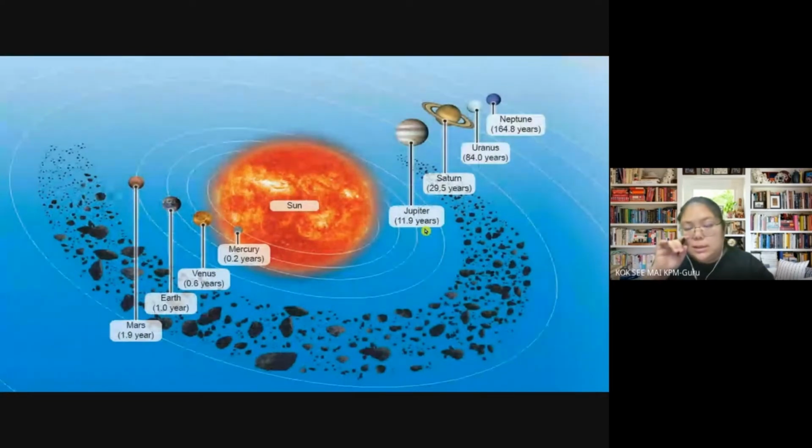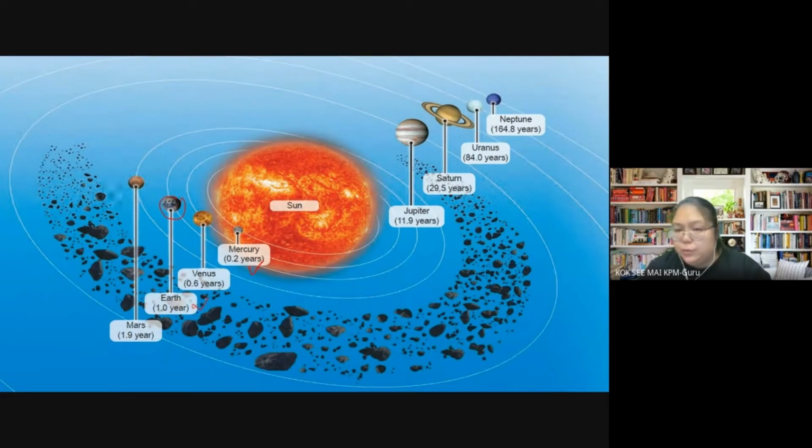Okay, this one is the arrangement of the different planets going to orbit the sun. The first one, the nearest one, is Mercury. Mercury takes 0.2 years to complete one round. Venus is the second one, 0.6 years. For the Earth, number 3, exactly 1 year to finish one complete oscillation.